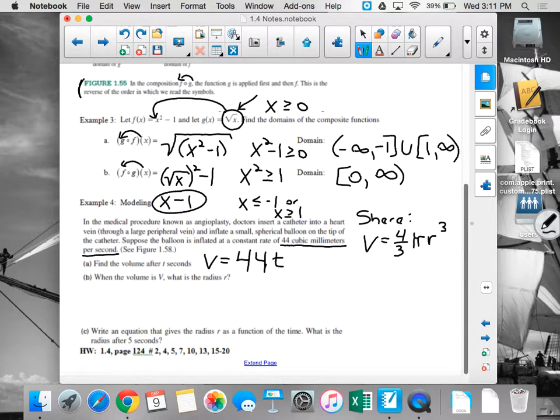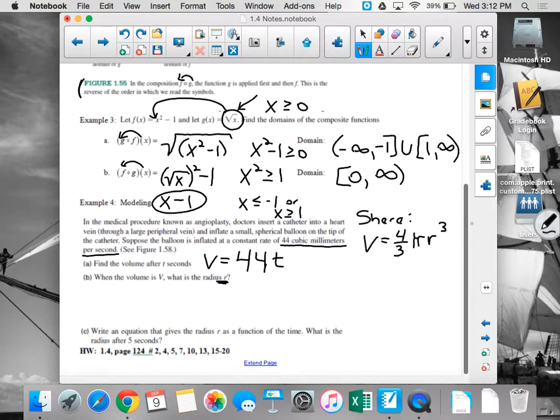Well, because the spherical balloon on the tip of the catheter is a sphere shape. And in letter B, it's going to ask when the volume is V, what is the radius R? That's a fancy way of saying, you have that sphere volume formula, solve it for R. So you're solving for R on that sphere formula.